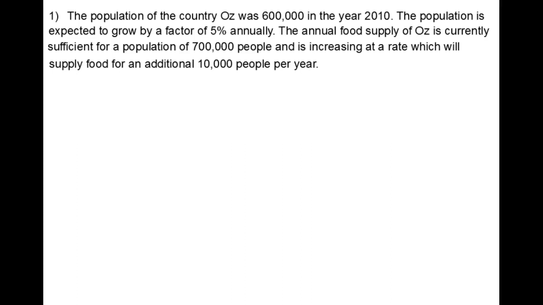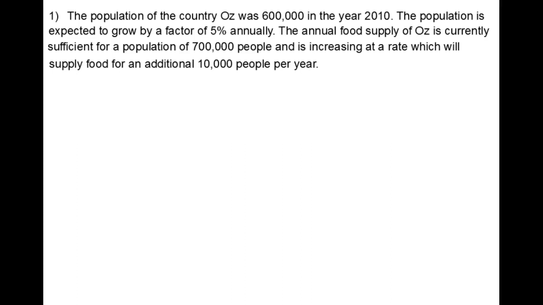So the population of the country Oz was 600,000 in the year 2010. The population is expected to grow by a factor of 5% annually. The annual food supply of Oz is currently sufficient for a population of 700,000 people and is increasing at a rate which will supply food for an additional 10,000 people per year.